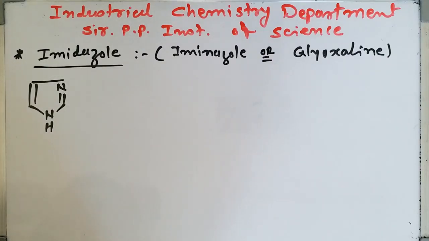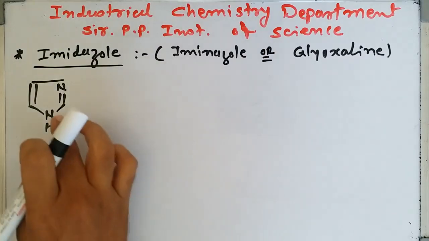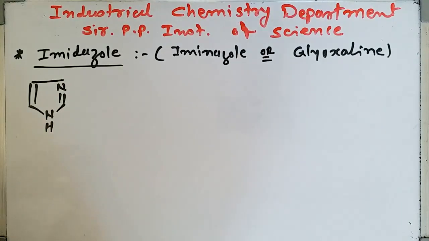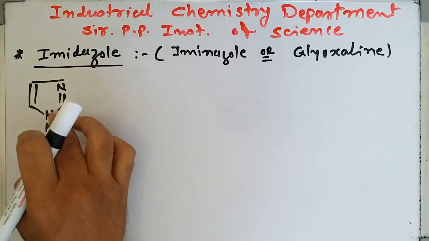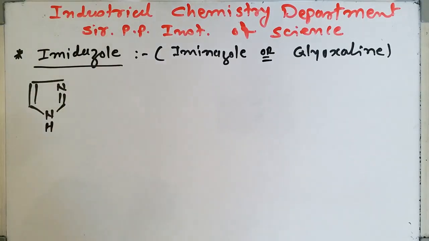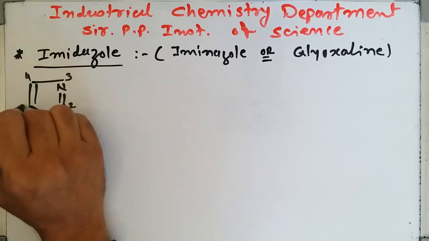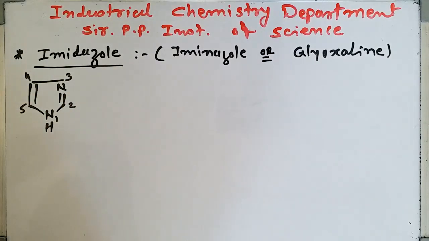In pyrazole, the heteroatom nitrogens are in positions 1 and 2. In imidazole, they are at positions 1 and 3. 1, 2, 3, 4 and 5. This is imidazole or glyoxaline.